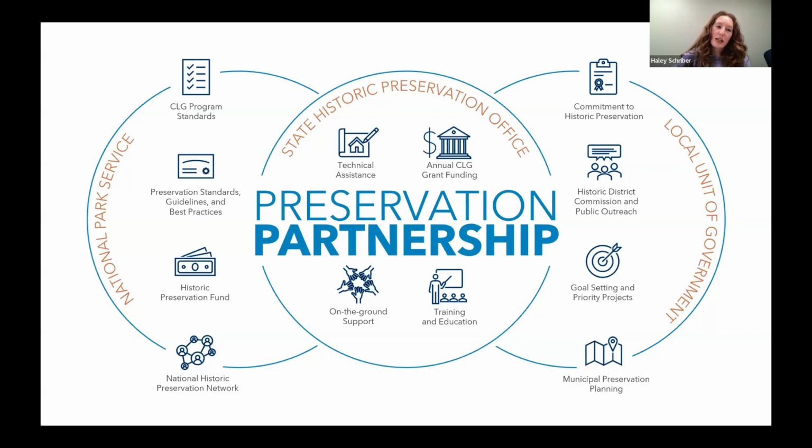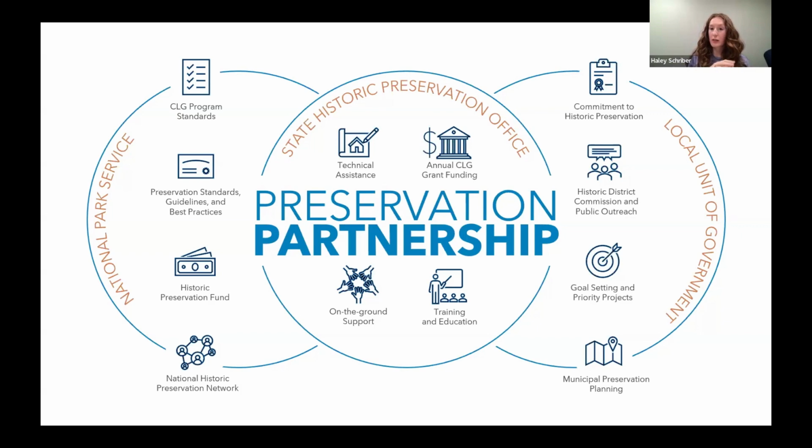So how it works is that the National Park Service, over to the left of your screen, provides us with the CLG program standards. They also have the Secretary of the Interior standards, as well as other guidelines and best practices that we have to adhere to. And then they run the Historic Preservation Fund.